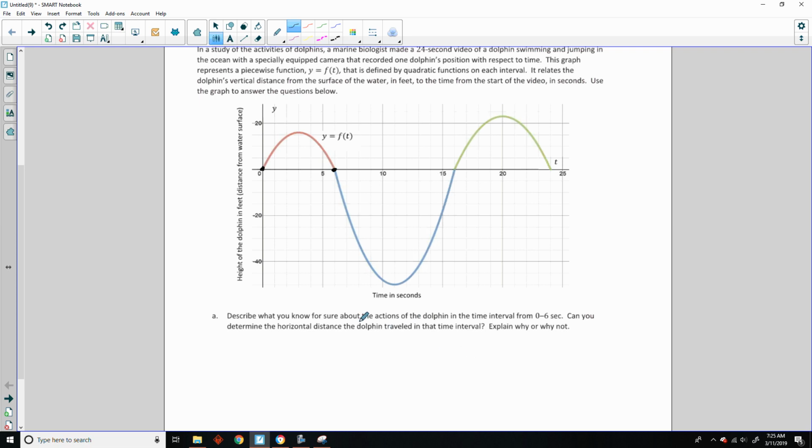Can we tell the horizontal distance the dolphin traveled? And the answer here is no. This is a distance in height out of the water. How much did the dolphin go up over a period of time? And then how much did it stay underwater for a period of time? It does not tell us how far it went. Okay.